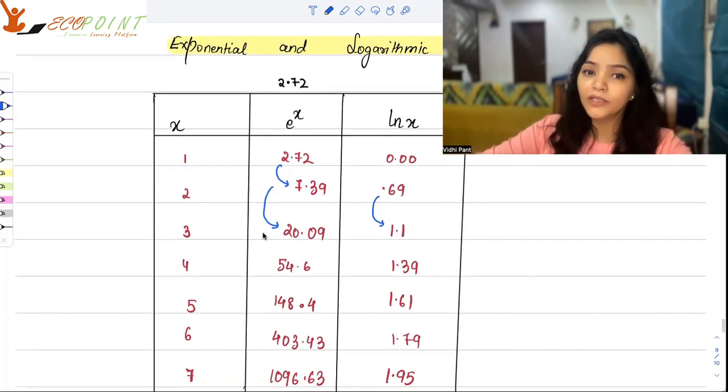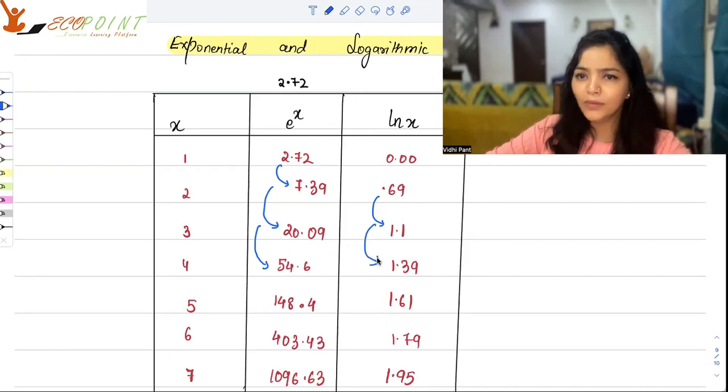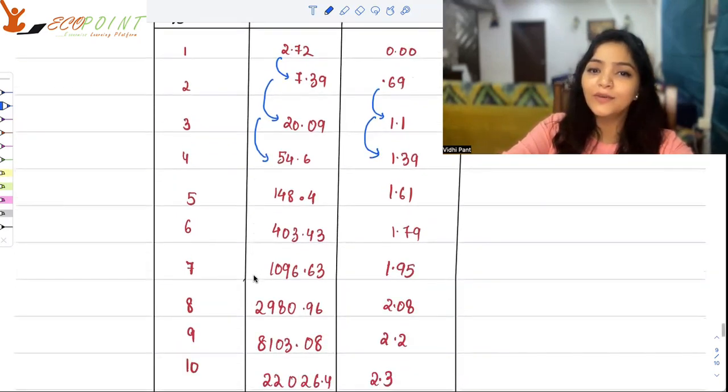When x is 4, e to the power x gives me 54.6. Again, it's more than doubling up, almost tripling up. On the other hand, log of 4 is 1.39. And so on and so forth.